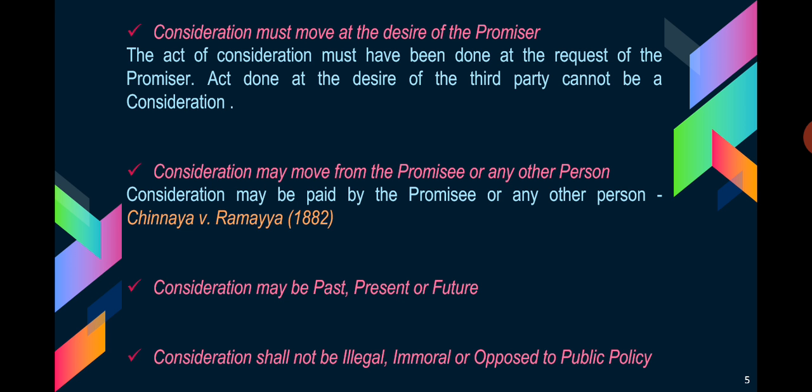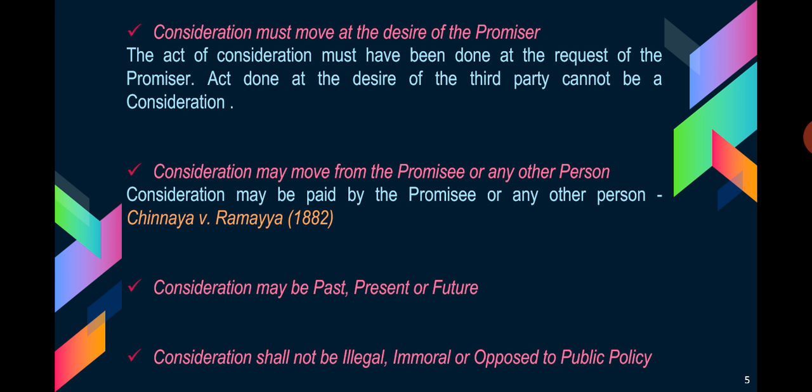So the daughter said, I am giving you a certain amount of money as rent on a monthly basis. What am I getting in exchange from you? And the reality was nothing. The sister was not giving anything in return to the daughter. But the court in this case rightly held that even though the sister was not giving anything in return to the daughter, the old lady had already transferred her property to the daughter upon a condition that every month she has to pay a certain amount of rent to the sister.